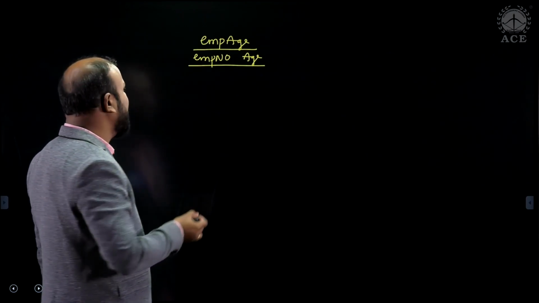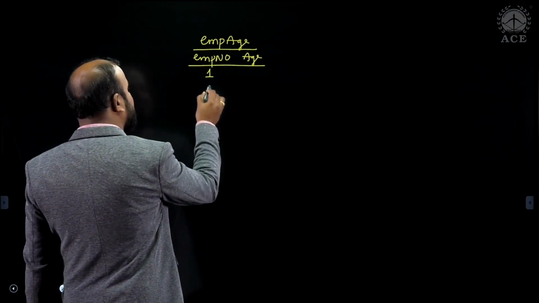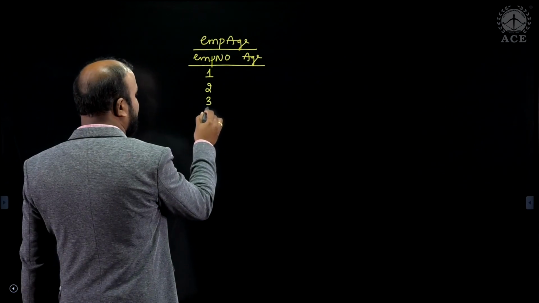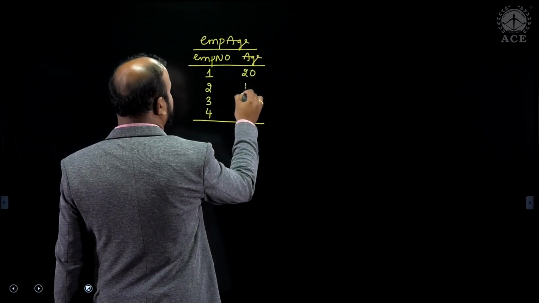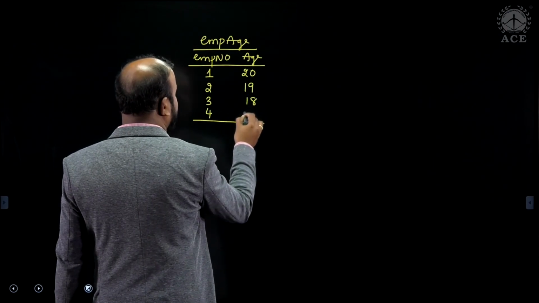For example, I will be taking some employee numbers 1, 2, 3, 4 and ages 20, 19, 18 and 16.